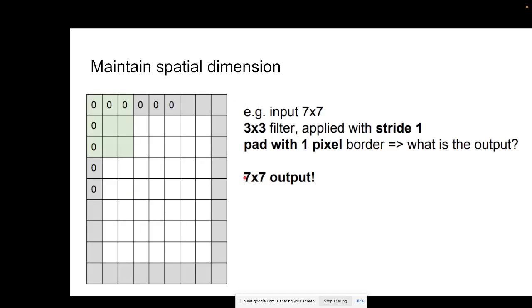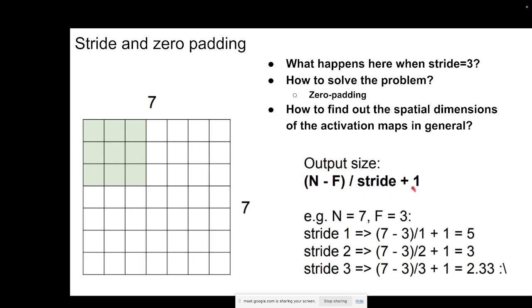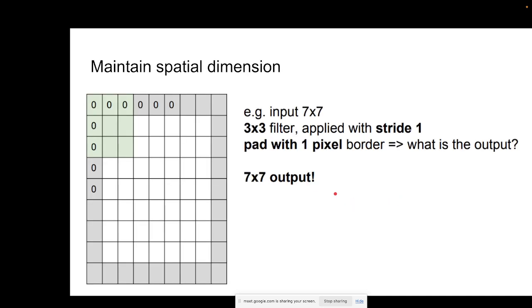So again, how do you remember what to do? If your P is 1, your output size will be 7 plus 2, 9. For a generalized P, your size will always be n plus 2p. Let's work it out.